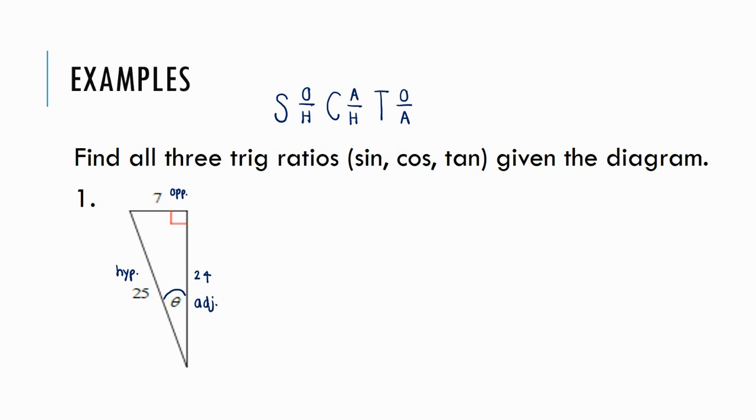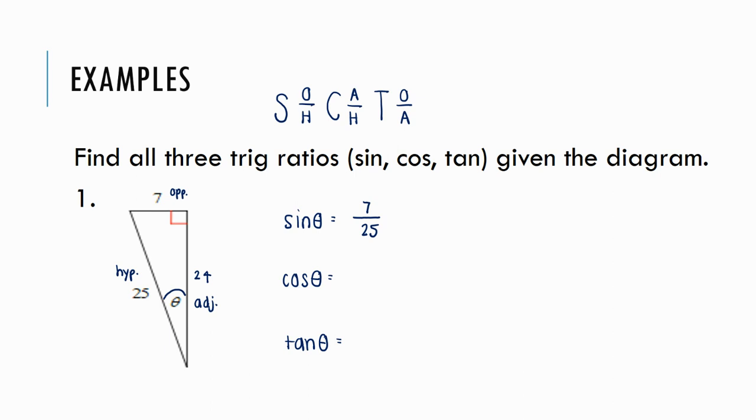Now that I have everything labeled based off of that angle theta, we can find the sine of theta, the cosine of theta, and the tangent of theta. Once again, sine is opposite over hypotenuse. Opposite is 7, hypotenuse is 25. I cannot simplify that down any further. That's my answer.